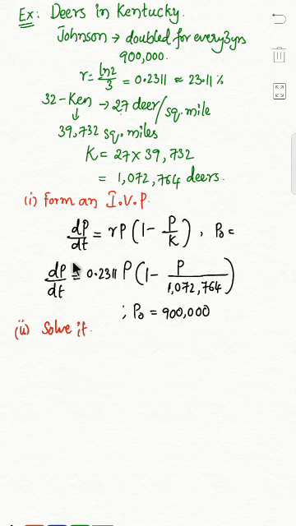Before we solve, the general population growth, right? So that is p is equal to, what do we get? How to solve that? We got something there, right? Okay, let me check that.